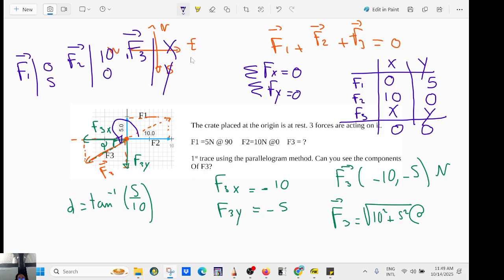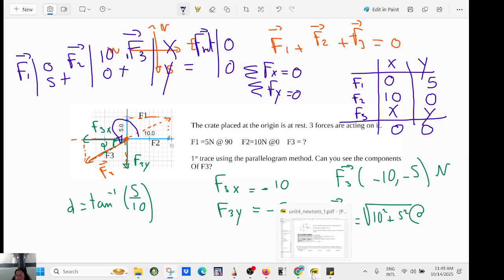And you know that the net force has to be 0 and 0. So it means this plus this plus this equals 0, that plus that plus that equals 0. You can put a plus here and an equal there. So you have different ways to do it. Any question?